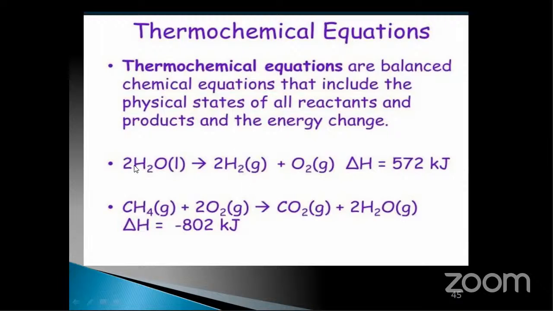See here, hydrogen atoms: 2H2 means hydrogen atoms are 4, and here also there are 4 hydrogens. Oxygen, number of oxygen atoms is 2, here also 2. So this is the balanced chemical equation. Then what is the difference between a thermochemical equation and a balanced chemical equation? In a thermochemical equation, physical states are mentioned.